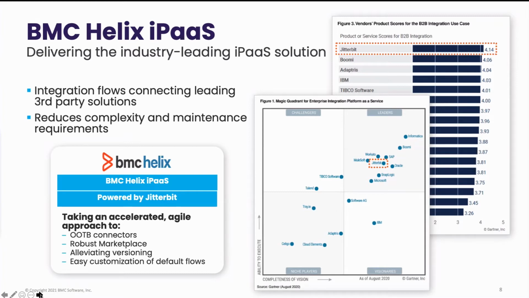So, for example, if you have to build integrations between your ITSM and your HR systems, or your enterprise project portfolio management systems, or your GRC systems, connectors for all of those applications are available to you today.